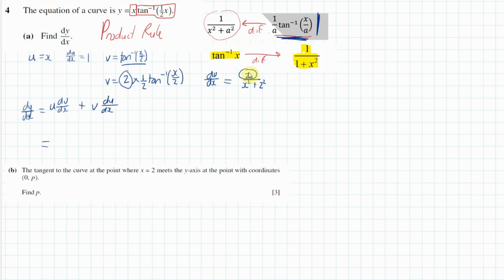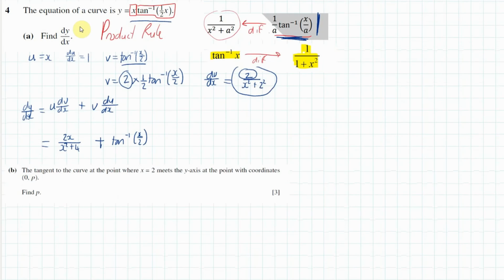So I'm going to put my x times this, so it'll end up being 2x over x squared, and I can simplify that, 2 squared to 4. So that there. And then I'm going to add v times du/dx. Well, du/dx is just 1, so I'm just going to have tan inverse x over 2, and that's it. Okay, so that would get me my full marks there.